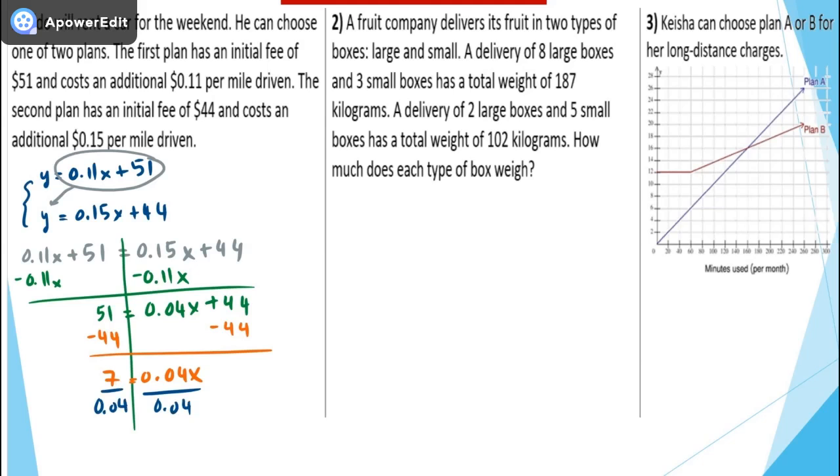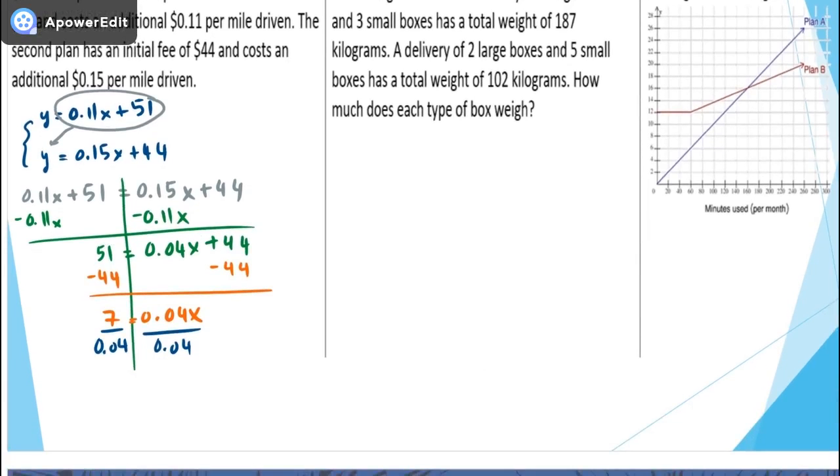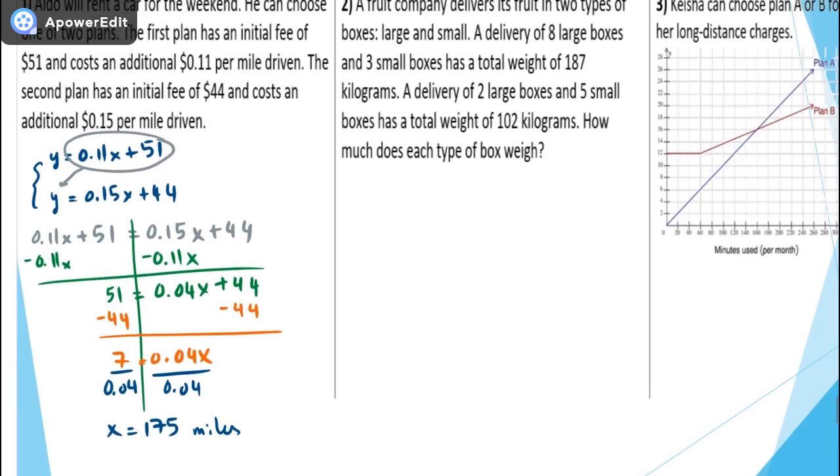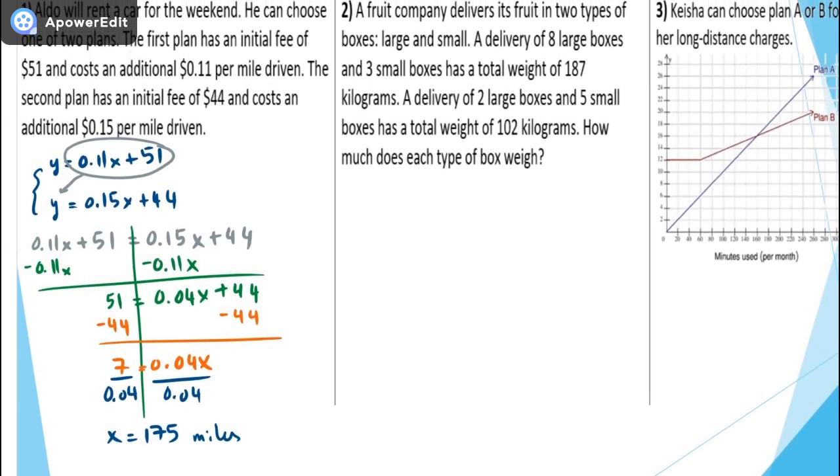So x will equal 175. So what does the x represent? X represents the miles. So they're going to drive 175 miles. If he drives 175 miles, then the cost of the two plans should be the same.